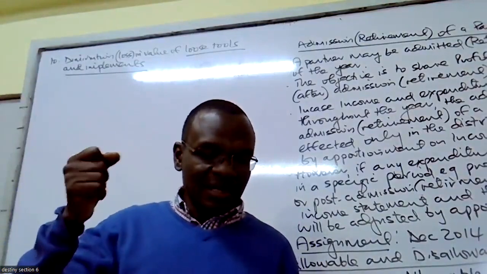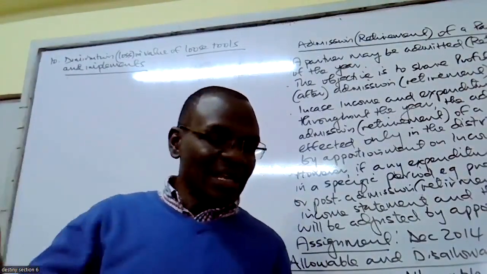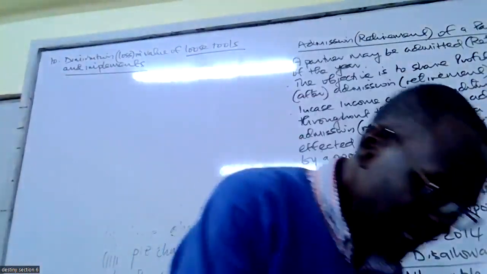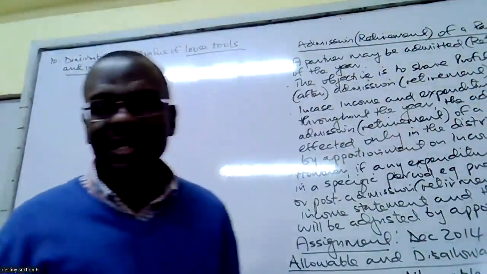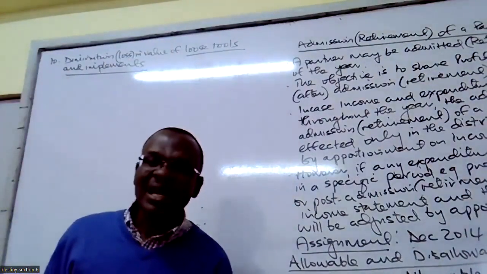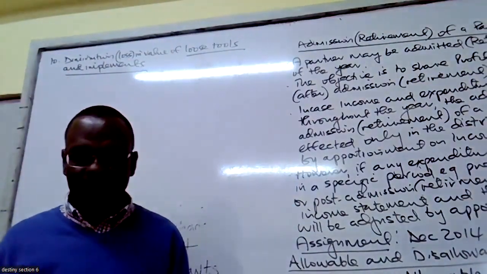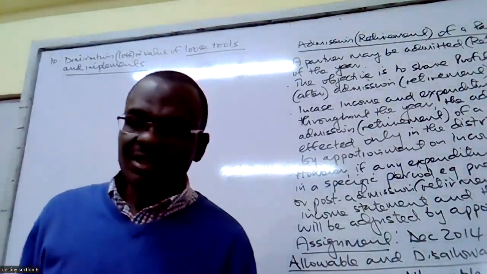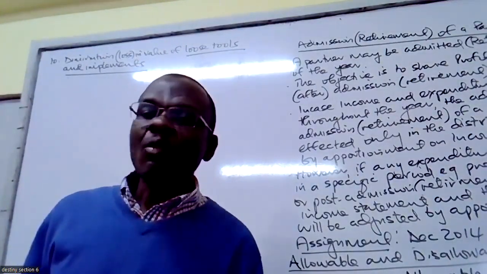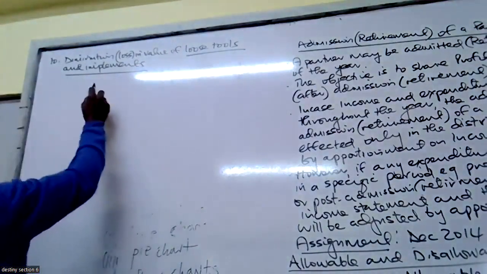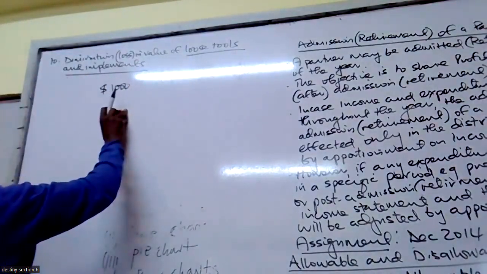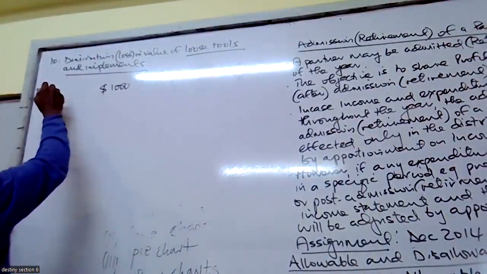Then number 19, the amount of realized foreign exchange loss. A realized foreign exchange loss means the exchange rate has been unfavorable. The company, for example, had acquired stock of goods worth $1,000 in the month of July.